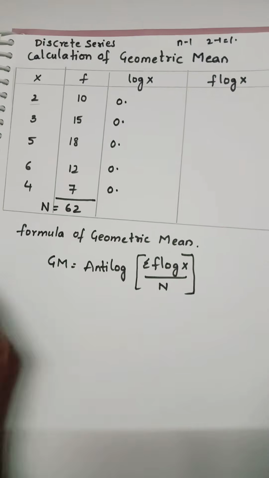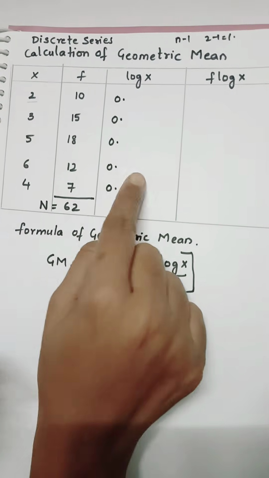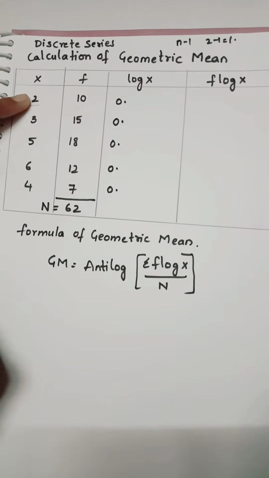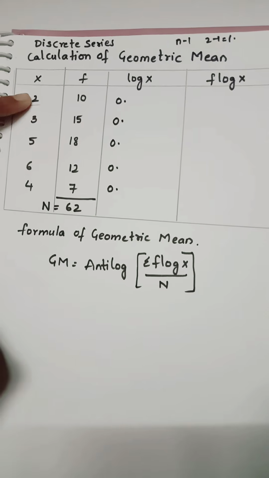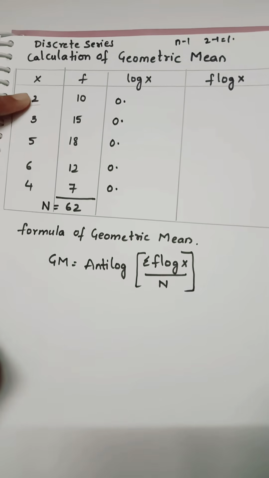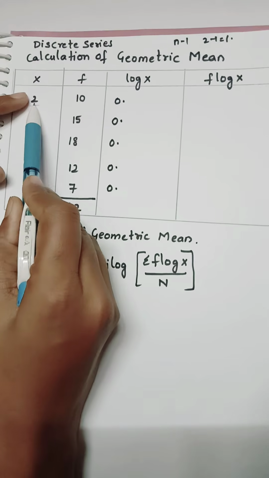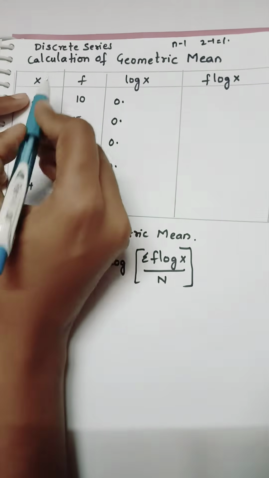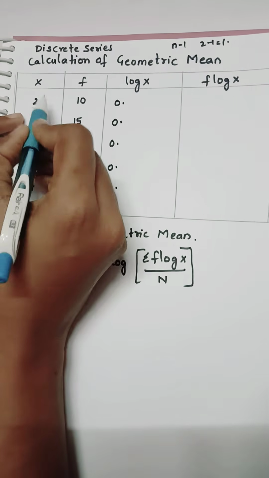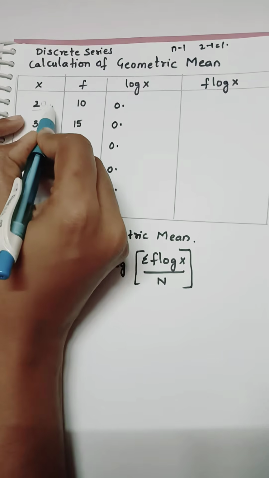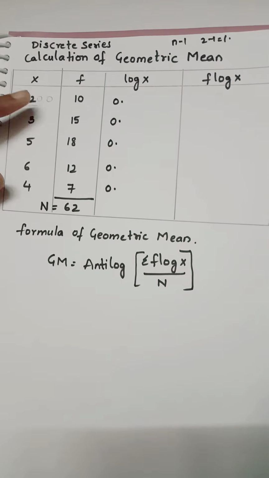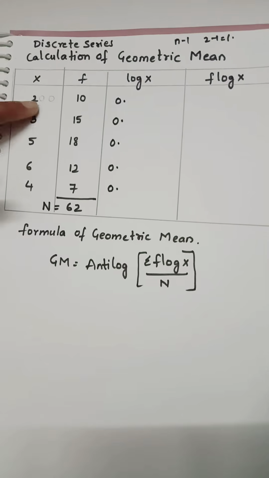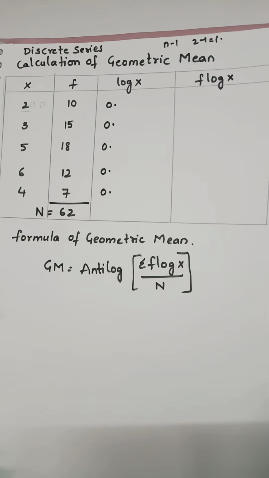Now let us go to the second step in the log values. Here 2 is there. How to find the value of 2 in the logarithm table? We have to consider 2 as 20 at 0. 20 at 0 you have to see in the logarithm table.